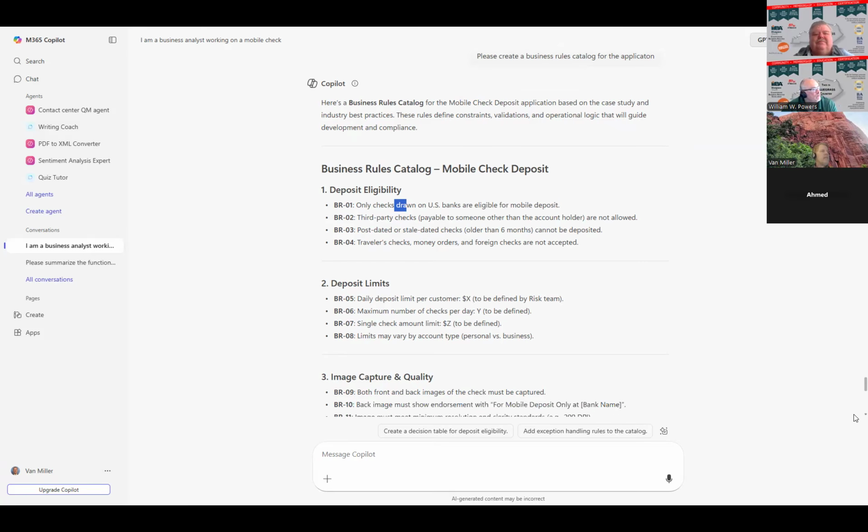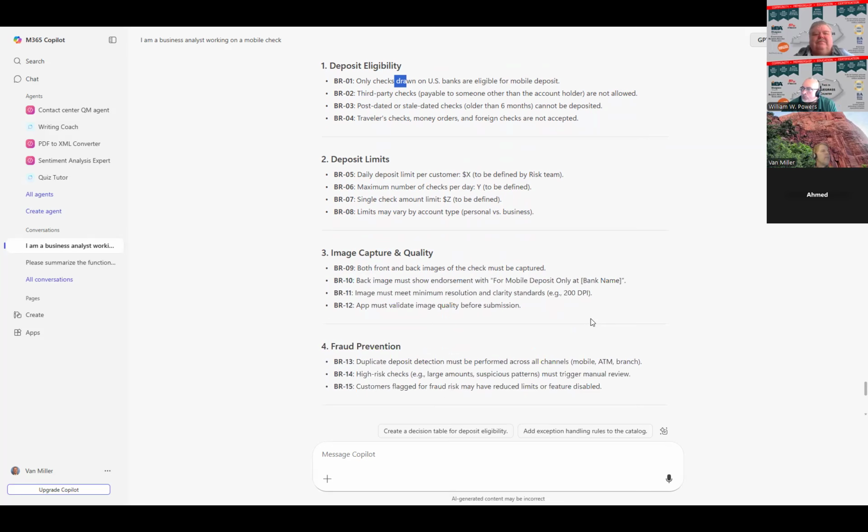Then deposit limits, daily deposit limit per customer. Did we have anything in there about that per customer deposit limit? I don't think we did, but I don't remember.